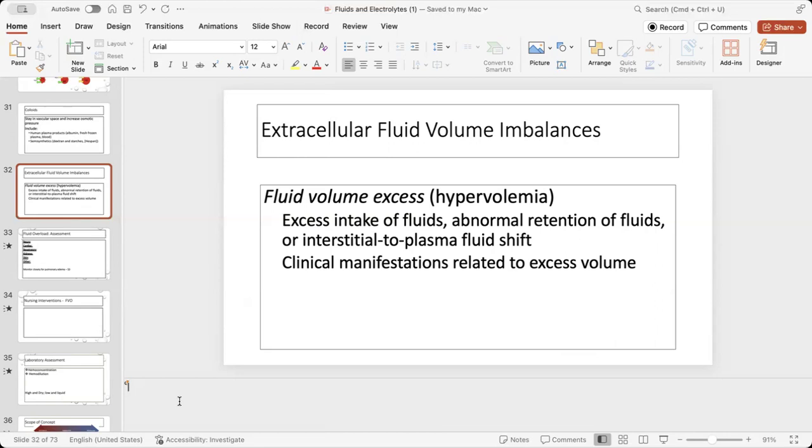Cardiac patients, your heart failure patients, and kidney. Yep, your kidney disorders, chronic kidney, okay? It might be other things like SIADH, we'll talk about that in endocrine. Syndrome of inappropriate antidiuretic hormone, they're holding on to extra fluid. Water intoxication.